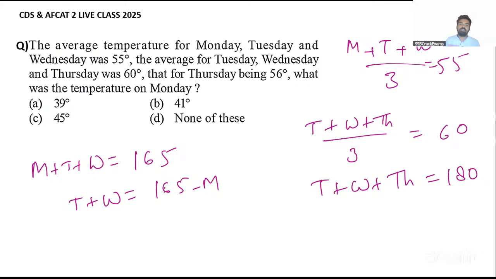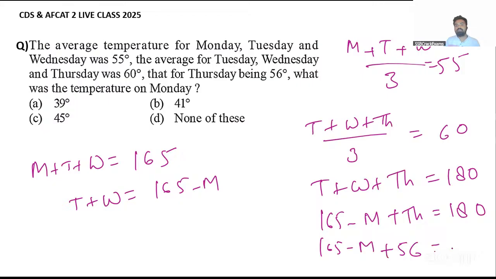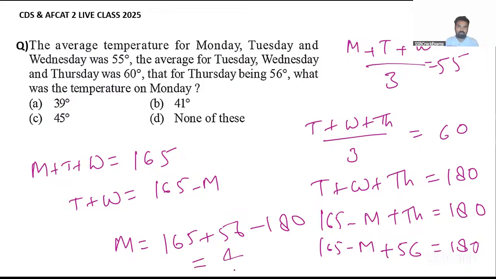Now we know that T plus W is 165 minus M. So 165 minus M plus TH is equal to 180. Now we know Thursday is 56. So from here you can conclude that M is equal to 165 plus 56 minus 180. It is 41.